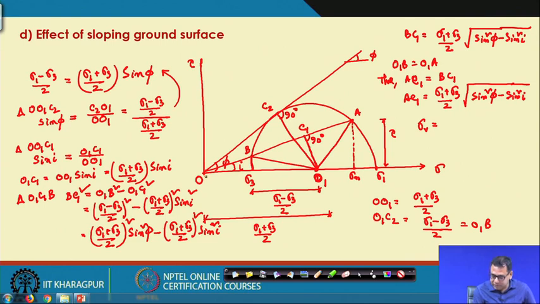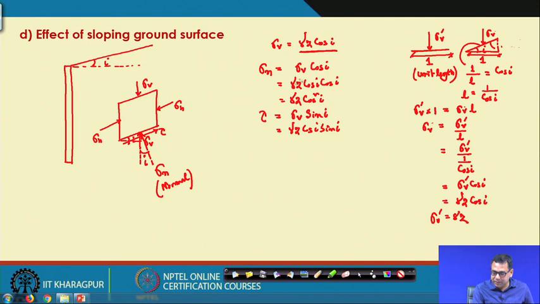Because this is your sigma n, and this is I. So, sigma n is this one and this is I. So, this will definitely be the sigma v, because I have already proved that sigma v divided by sigma n is equal to 1 by cos I.